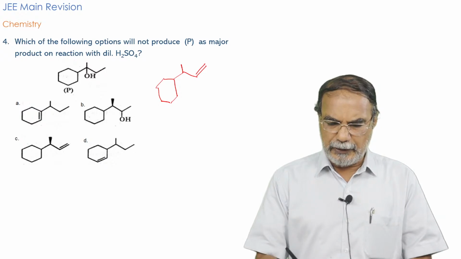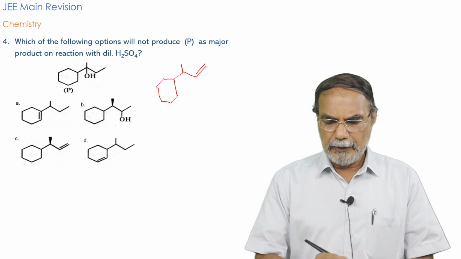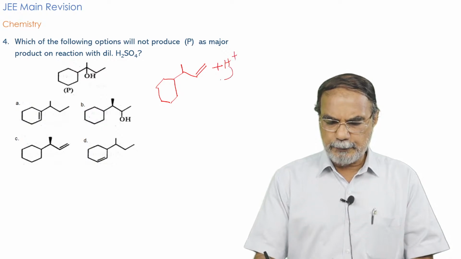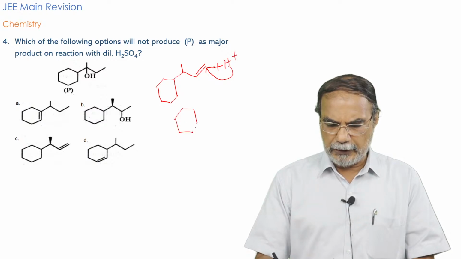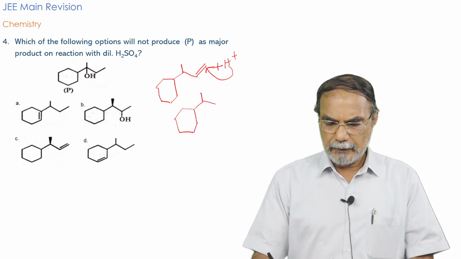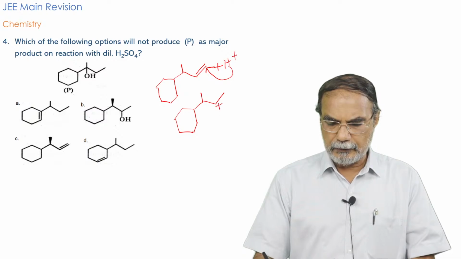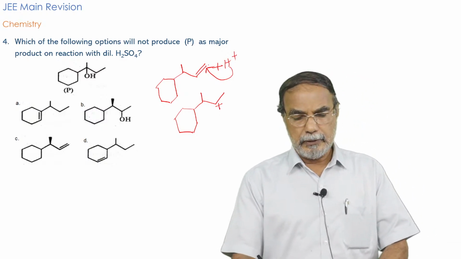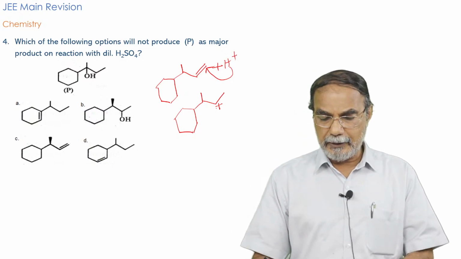So this compound, again a double bonded compound, on reaction with the proton in the presence of acid, the H plus will be added to the double bond, and therefore you have this carbocation. The H plus is added here according to Markovnikov's rule, and the positive charge is now here.